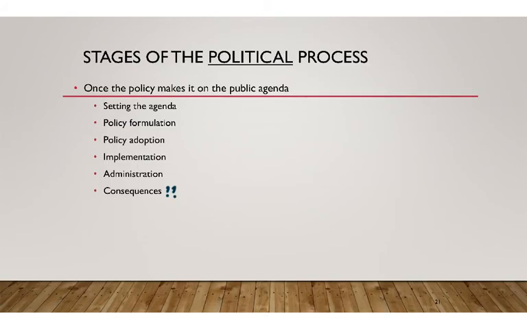As far as the actual process that goes into creating and implementing a policy, the procedures could be summarized in this slide. So first, there's the agenda setting, which we talked about, which means deciding what problem is going to get the focus and the attention of the policymakers.